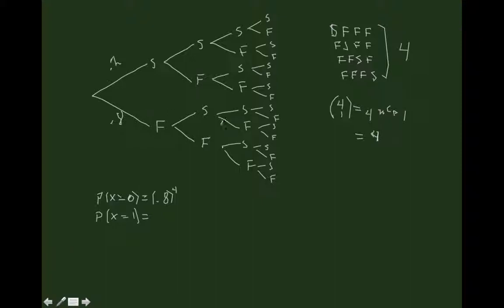So if I want to write down probability X equals 1 for this example, I'm going to write 4 choose 1, that's the number of combinations, times 0.2 to the first, times 0.8 to the third, because there were 1 success and 3 failures. Now notice the pattern here, the 1 success, 3 failures.